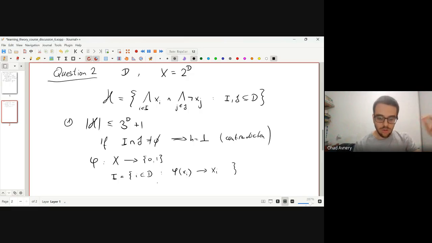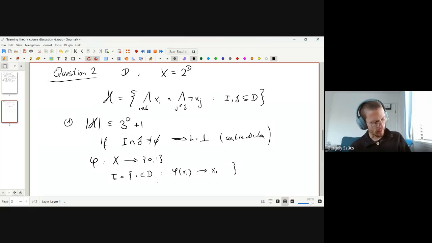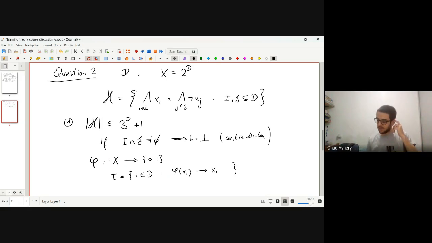But on the other hand, we can show that any i that satisfies this implication must be in the original set. And we can show it by showing the contrapositive: for every index i not in the original set, we showed the implication doesn't apply.